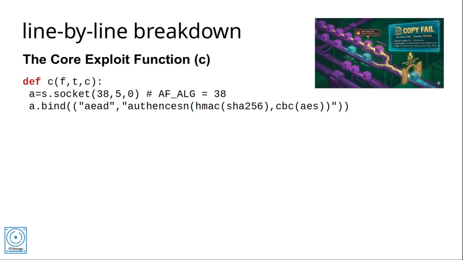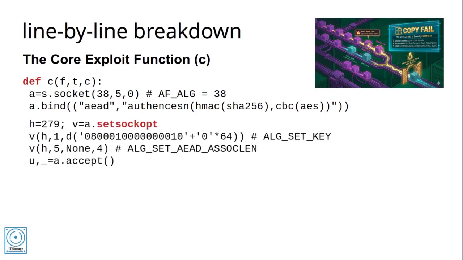This isn't actually to encrypt anything. It's to set up a kernel space buffer that the script can manipulate. Setsockopt. These lines configure the crypto engine by setting specific keys and lengths. The attacker is preparing the kernel's memory to handle data in a way that triggers the vulnerability.